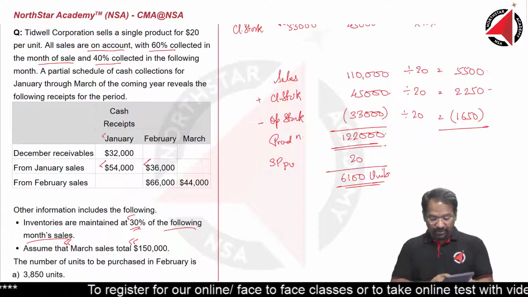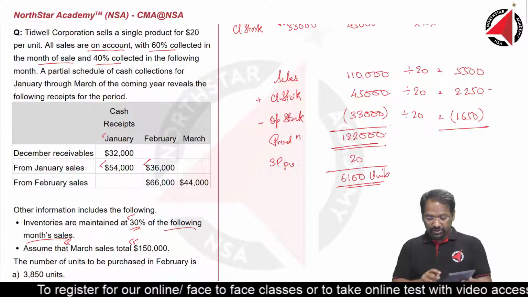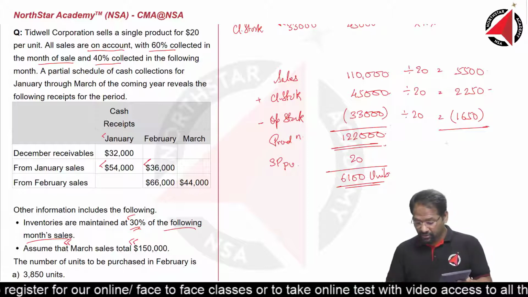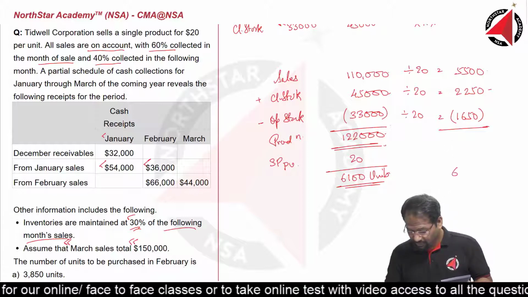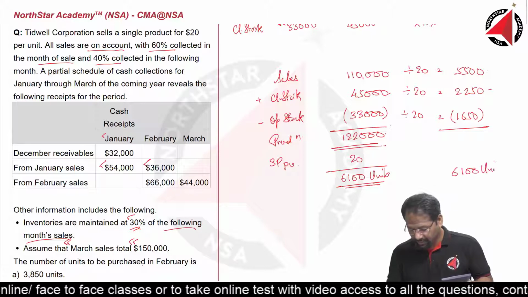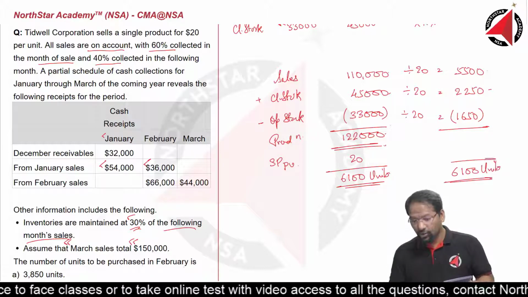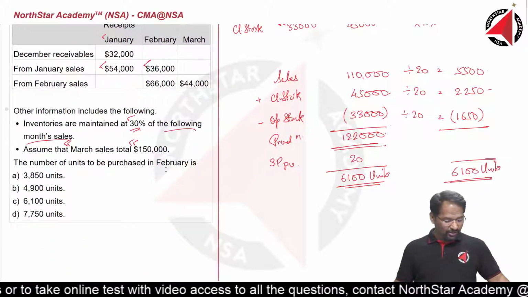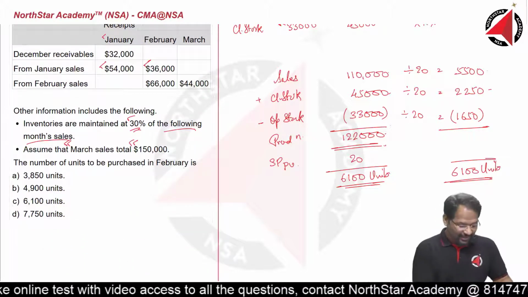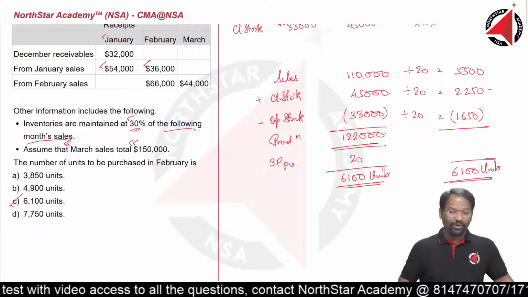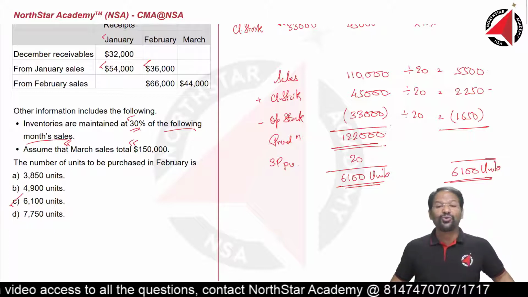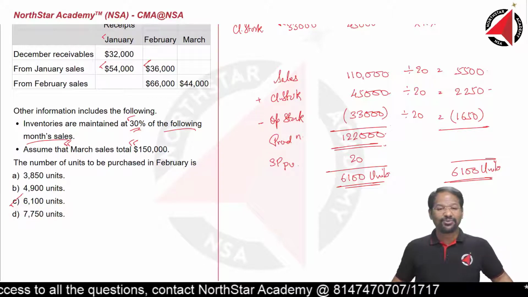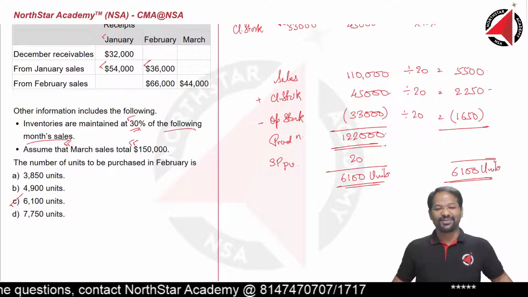So 5,500 plus 2,250 minus 1,650 gives 6,100 units this way also. So what is the correct option? Looking at the options, Option C, 6,100 units, is the correct option.